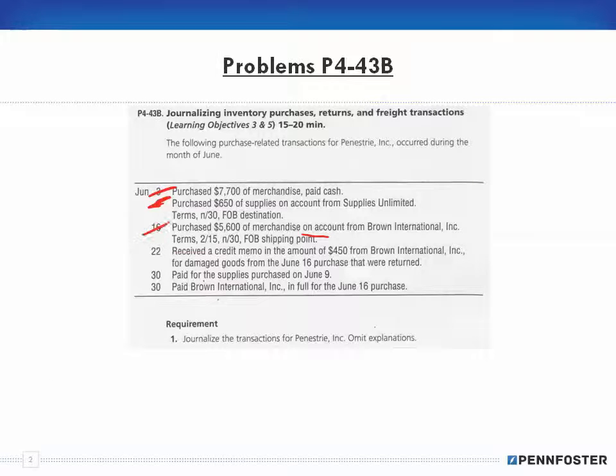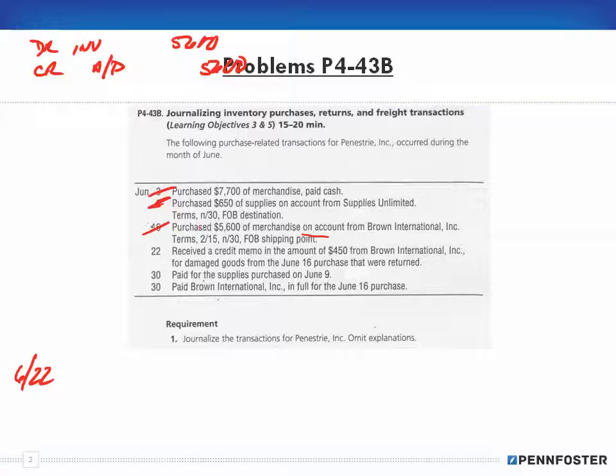Okay, 6/22. Okay, so it says received a credit memo in the amount of $450 from Brown International for damaged goods from the June 16th purchase that were returned. Okay, and maybe I shouldn't have erased that entry, but the entry was a debit to inventory and credit to accounts payable for the $5,600, right? So what is it saying here? You have to think through this.